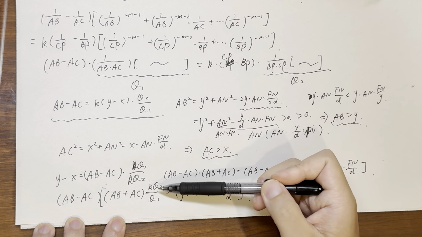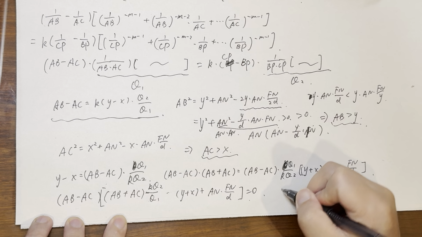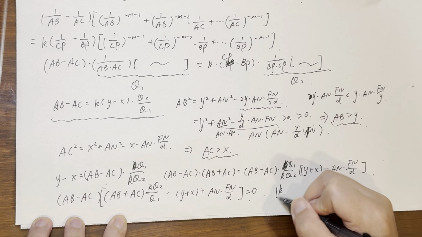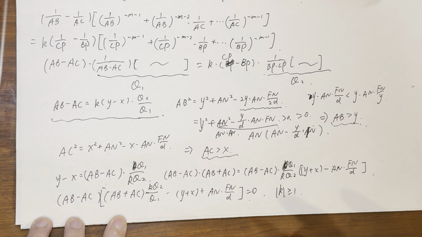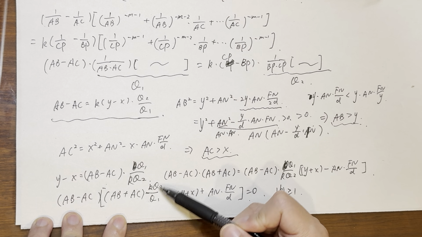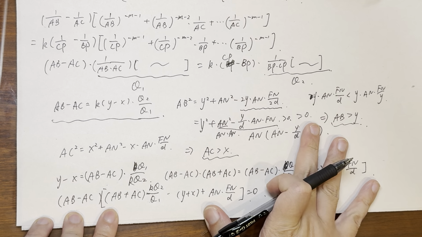Now let's think about Q2 and Q1. We know that the absolute value of K is larger or equals to 1, right? And what is Q2, what is Q1? We want to know which one is larger, Q2 or Q1.